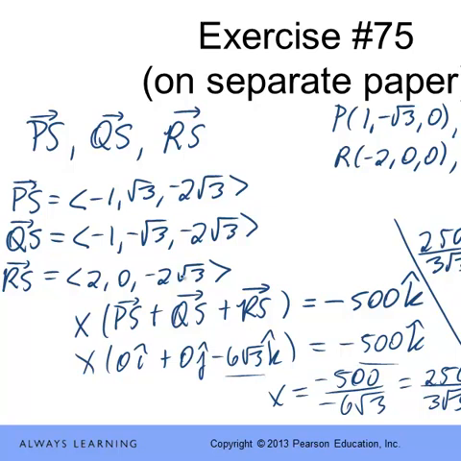The magnitude of RS, you have what? 2 squared is 4, plus 0 squared, plus negative 2 root 3 squared, which is 12. So you have square root of 16, which is 4. So you have 4 times 250, that's 1,000 over 3 root 3. What is that? That's approximately 192.5.